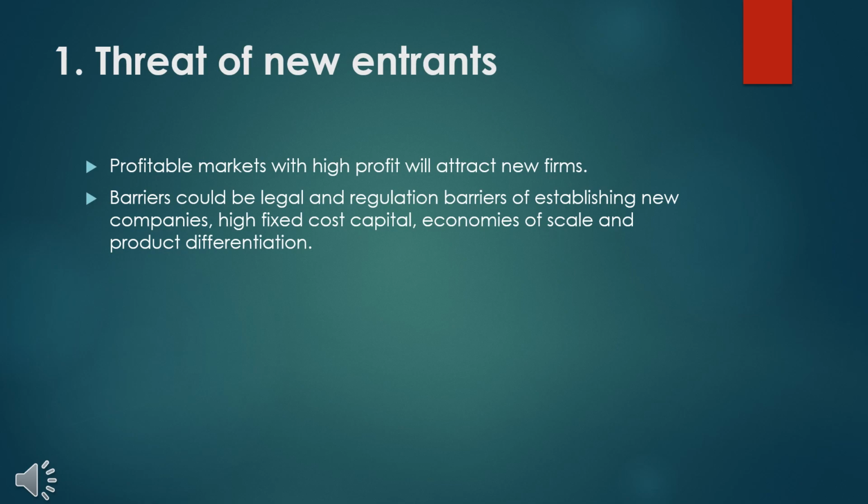Also, the economies of scale means to be profitable in this market, you have to produce and sell big size of products. Also, if there is product differentiation, you cannot differentiate your product from the current products in the market.